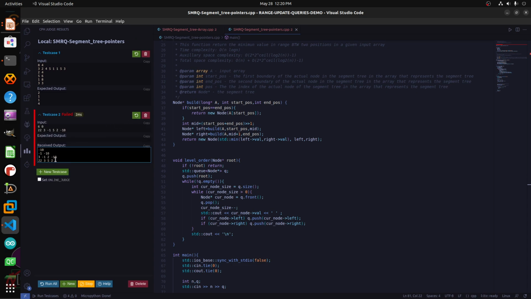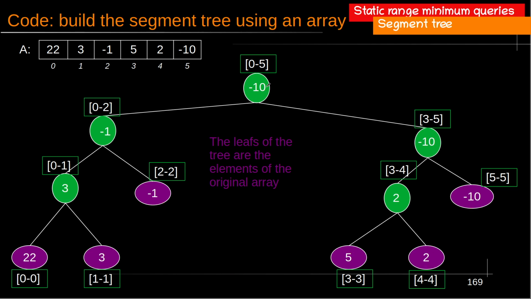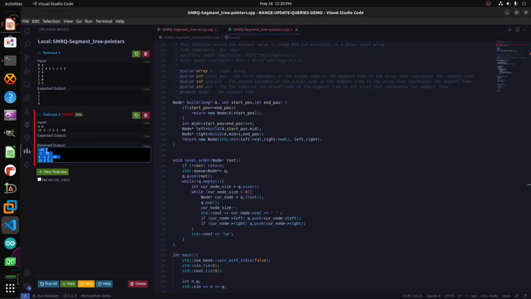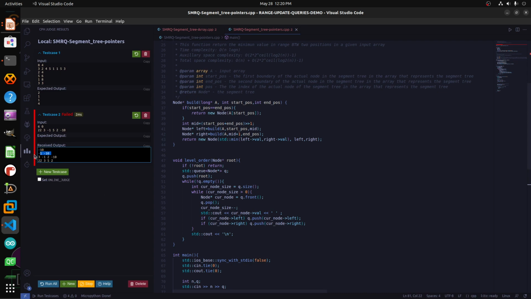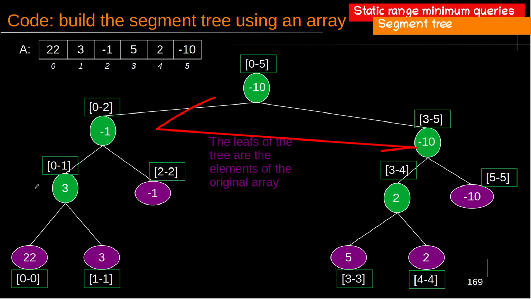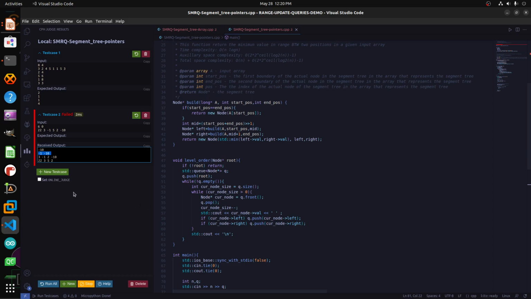Okay, this is the level order. We have -10 on the first level. On the second level, we have -1, -10. On the third level, we have 3, -1, 2, -10.